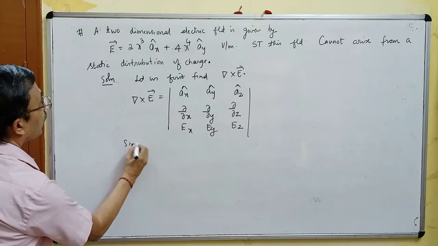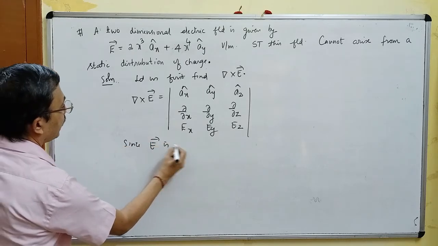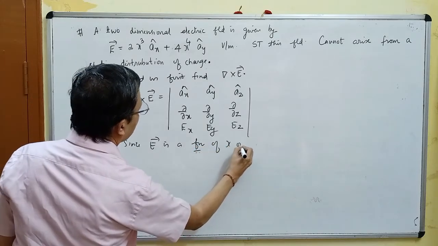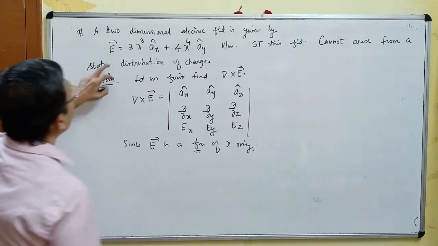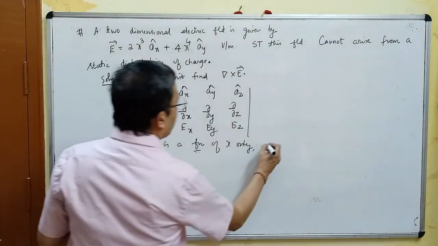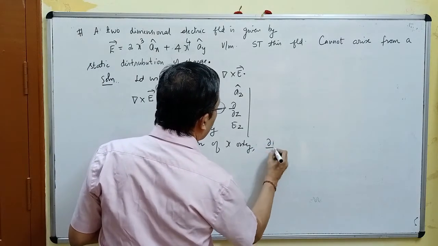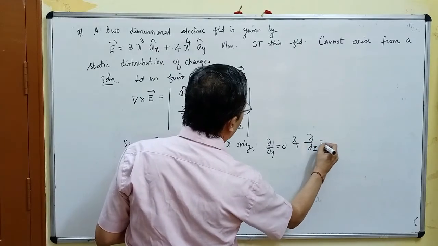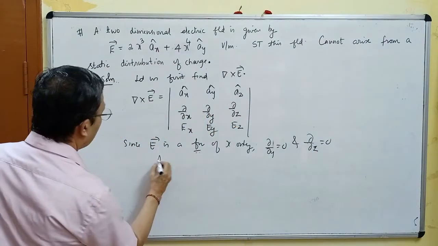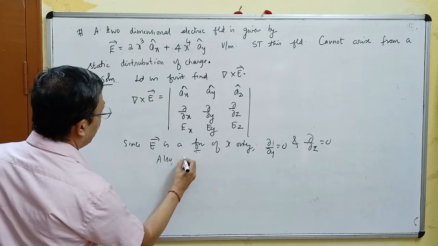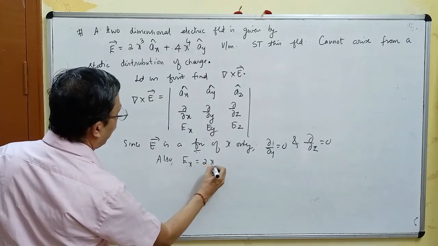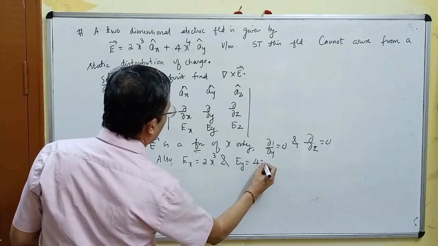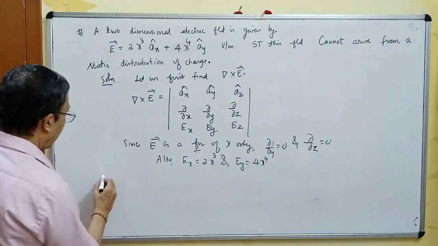Since vector E is a function of x only, dou by dou y equals 0 and dou by dou z is equal to 0. Also, Ex is equal to 2x cube, and Ey is equal to 4x to the power 4.